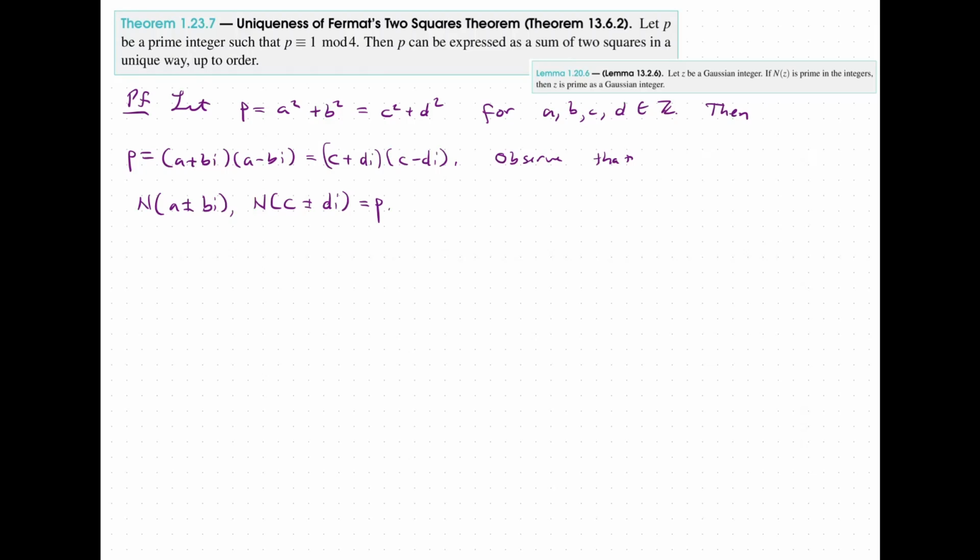Now we apply lemma 1.20.6, which tells us that if the norm is prime in the integers, then z is prime as a Gaussian integer. So by lemma 1.20.6, we have that a plus or minus bi and c plus or minus di are Gaussian primes.